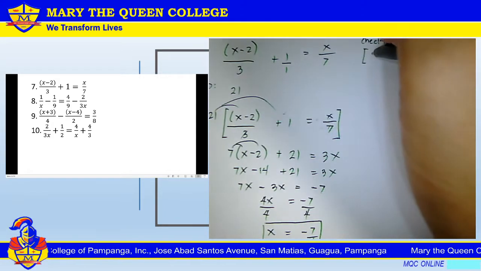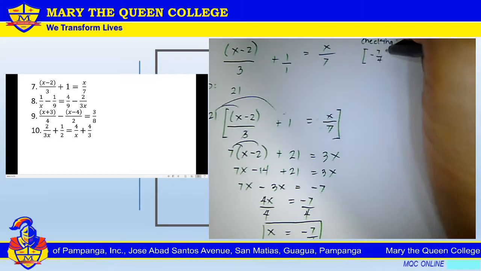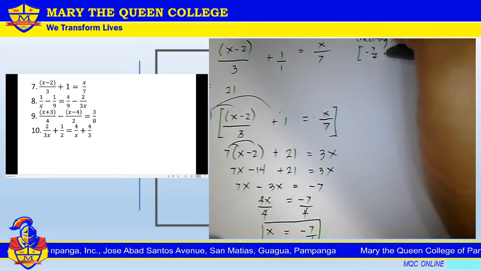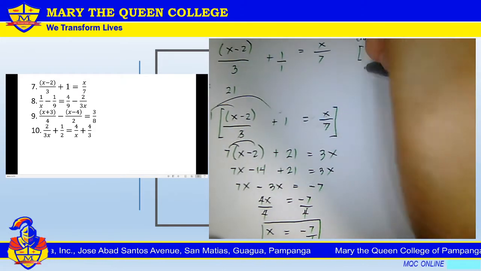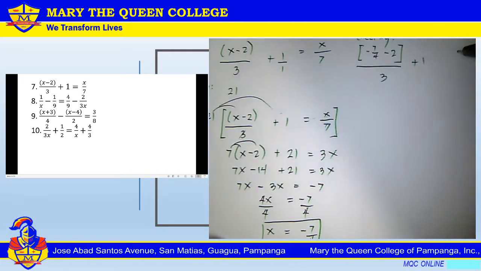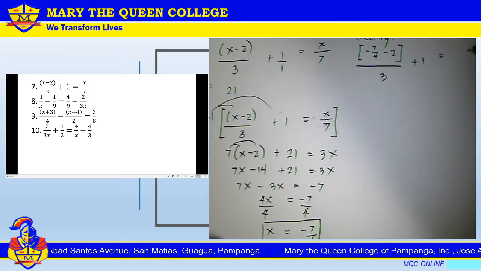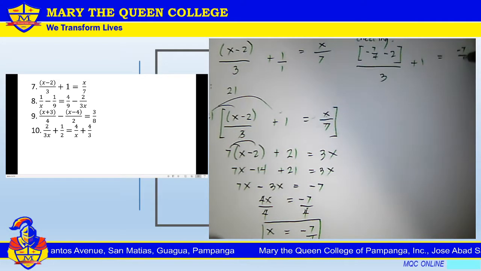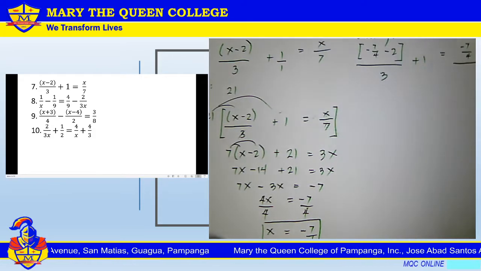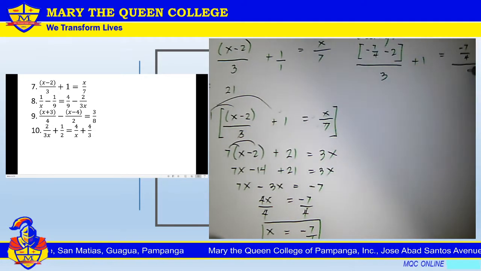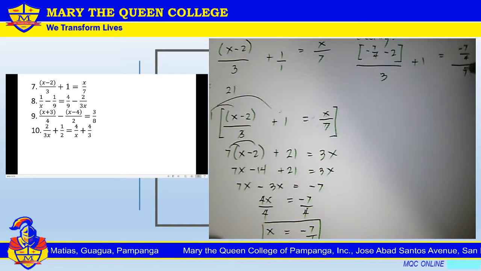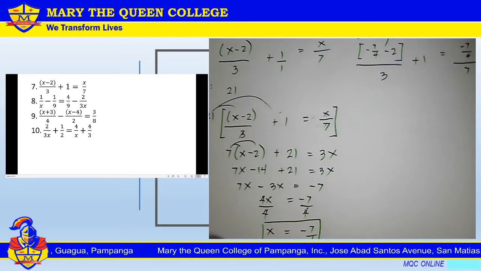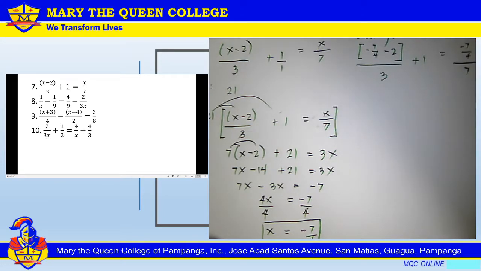So we have negative 7 over 4 minus 2 all over 3 plus 1 equals negative 7 over 4 all over 7. Okay? One of the common mistakes my students always ask about or encounter is having similar fractions, or having rational expressions like this.